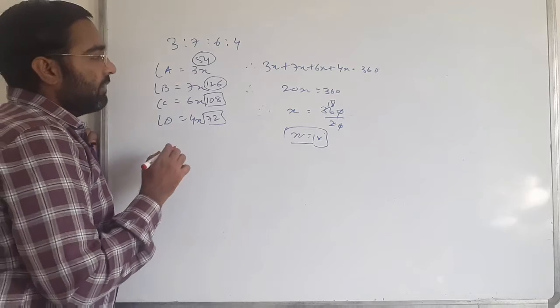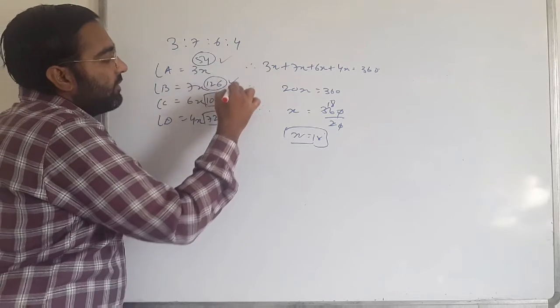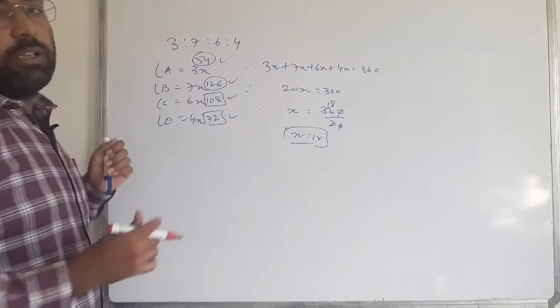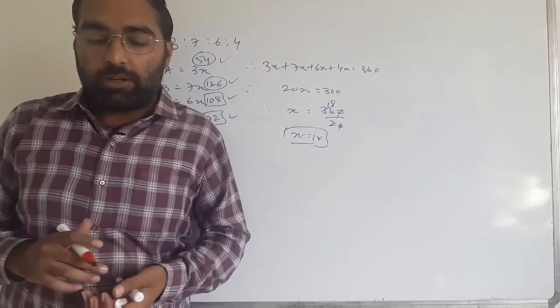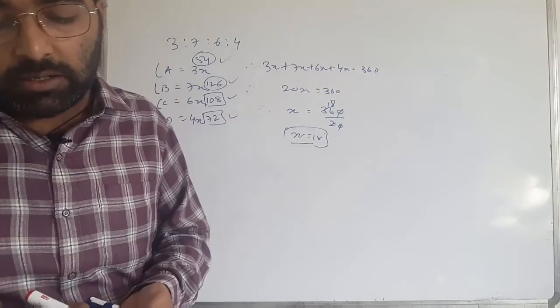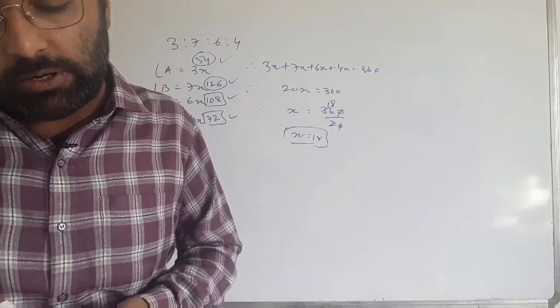So here the angles are 54 degrees, 126 degrees, 108 degrees, and 72 degrees. By the angles of the quadrilateral alone, we cannot define which kind of quadrilateral it is.